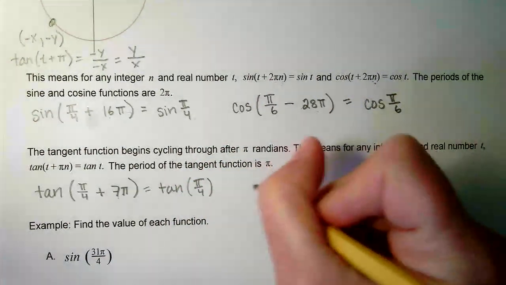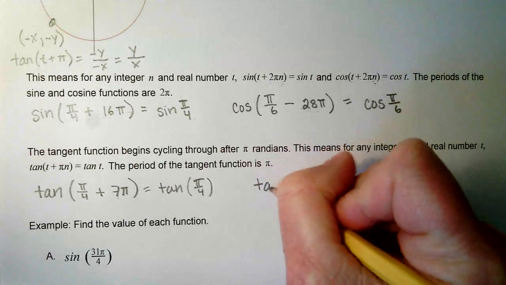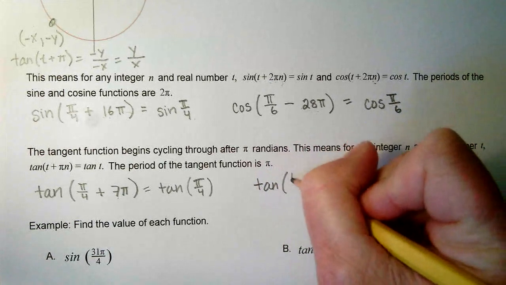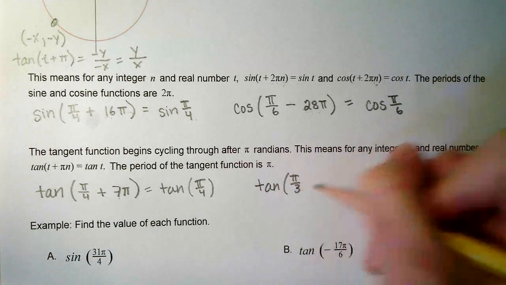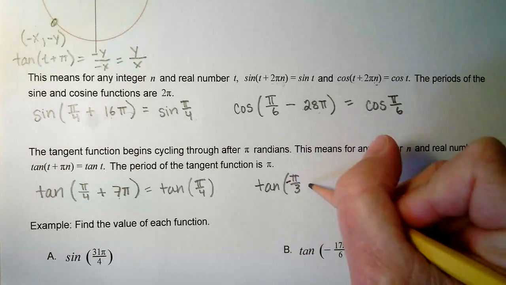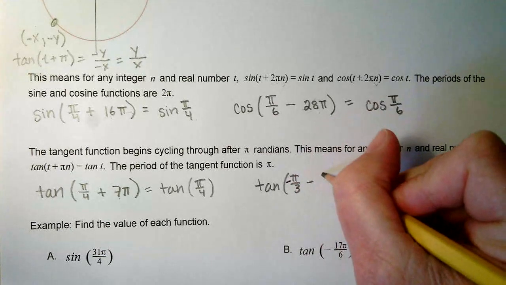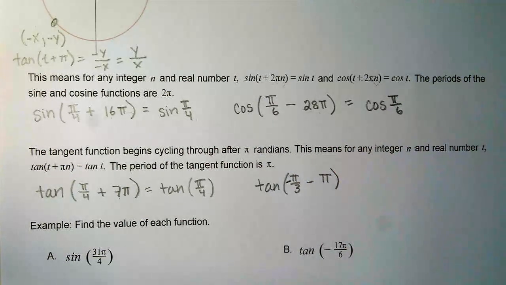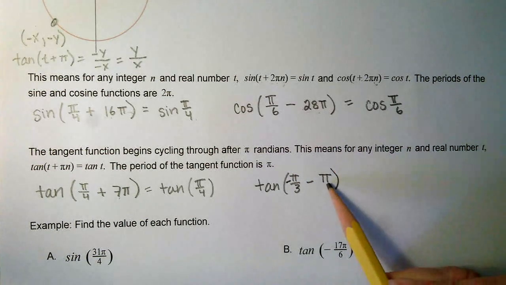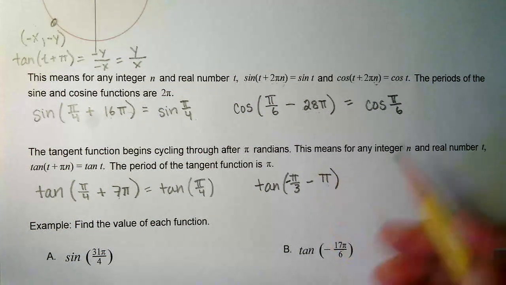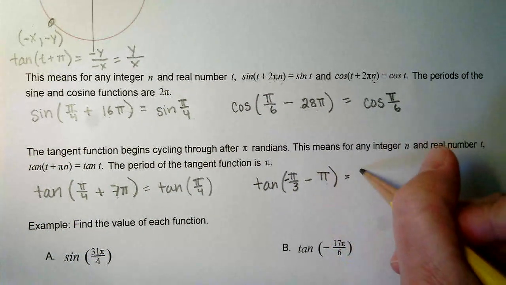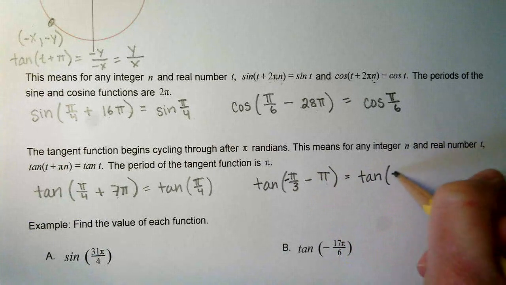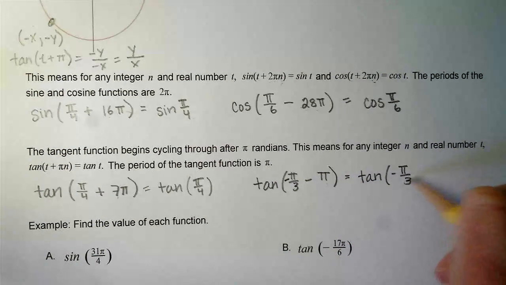And similarly, if we have the tangent of negative pi over 3 minus pi, here again we have an integer multiple of pi. The integer here is -1. This is just going to be equal to the tangent of negative pi over 3.